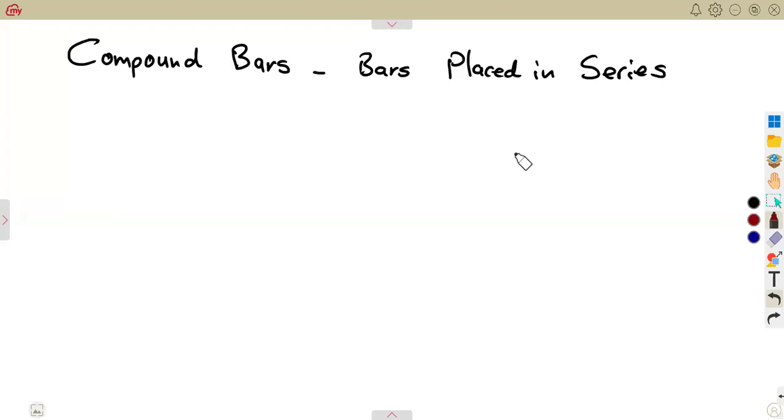Remember in the previous case, they were in parallel, and we had conditions there for a parallel combination, same as a series, depending on the number of bars that you are given. Let us just consider a basic illustration that maybe there is a bar that is here, then another one is also connected in series.